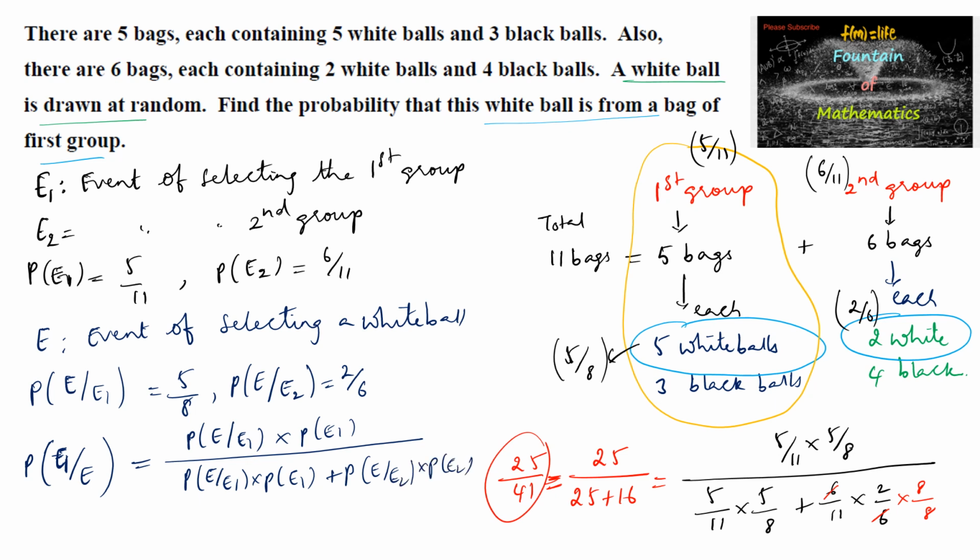This is by Bayes theorem. So the answer is 5 by 11 into 5 by 8 upon 5 by 11 into 5 by 8 plus 6 by 11 into 2 by 6. After calculation, you will be getting 25 by 41. So 25 upon 41 is the answer.